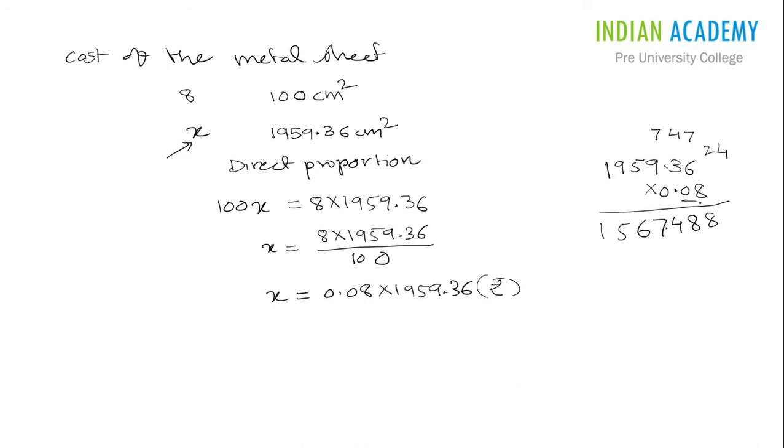Because there are two decimals here and two decimals here, total decimals 4, so we will get 156.7488 rupees. That's the cost of the metal sheet.